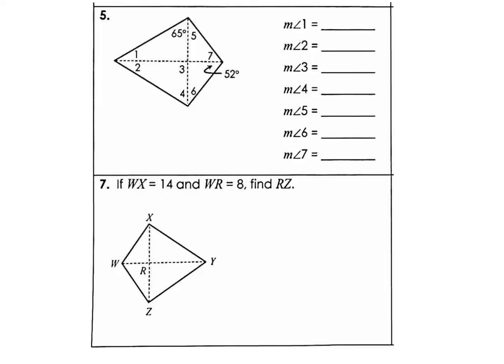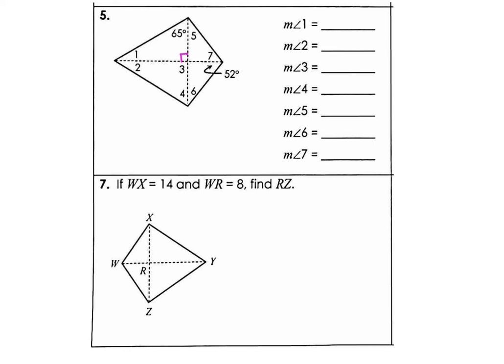All right, so this is talking about the angles here. All of these are talking about the angles. We'll start with the first one that they ask us about, angle 1. I know that my diagonals are perpendicular, so I know that these are right angles.